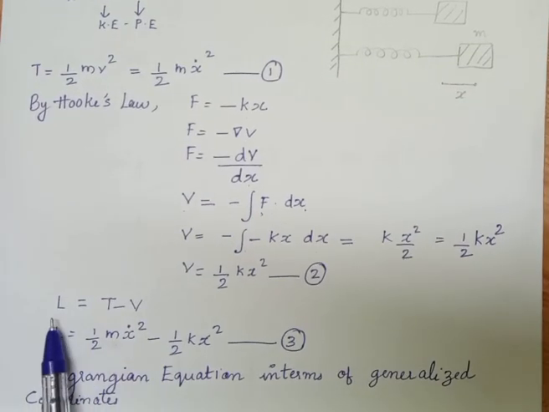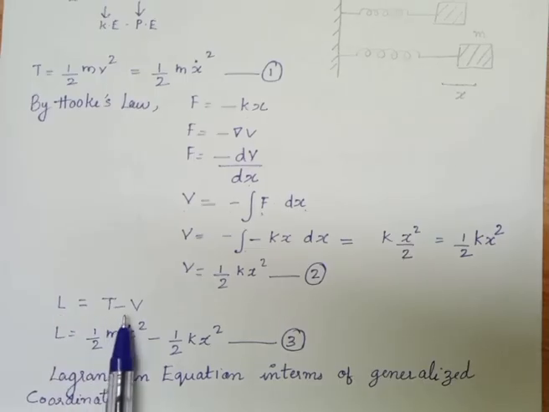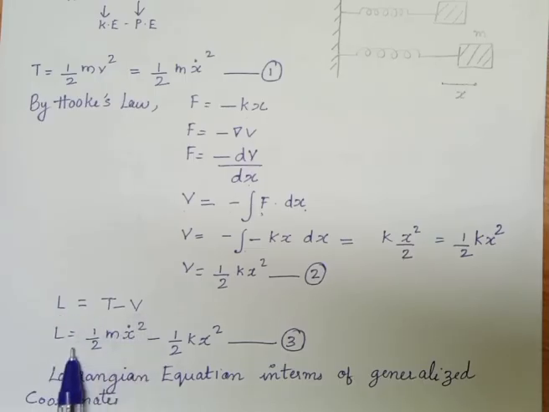The Lagrangian L equals T minus V, that is, L equals half m x dot square minus half kx square. This can be obtained by substituting the values of kinetic energy and potential energy.